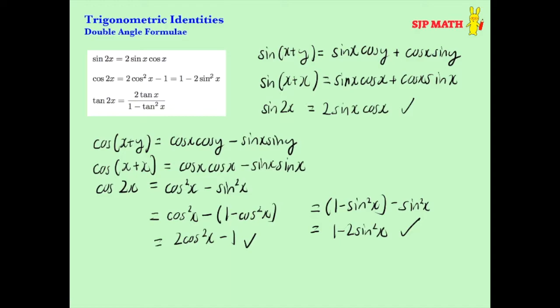And yeah, we got it here. So we just proved both expressions for the double angle formula for cosine. The compound angle formula is coming in pretty useful in proving these double angle formulas. So let's move on to proving the double angle formula for tangent.